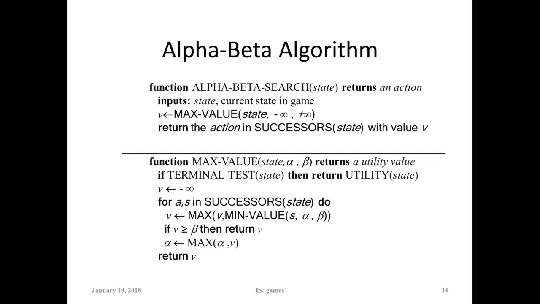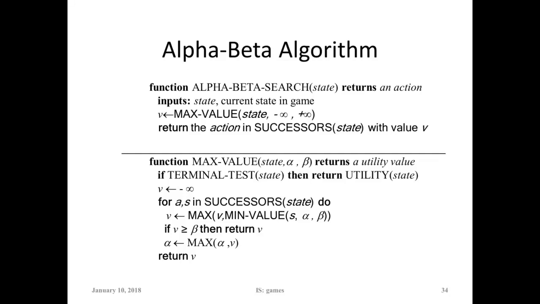Okay. Let me try alpha-beta pruning. It's a simple function that takes a state as input and returns an action to take, exactly the same as with min-max. And it basically is exactly the same as min-max, but now we don't have a value assigned to a state, we have an interval assigned to a state.